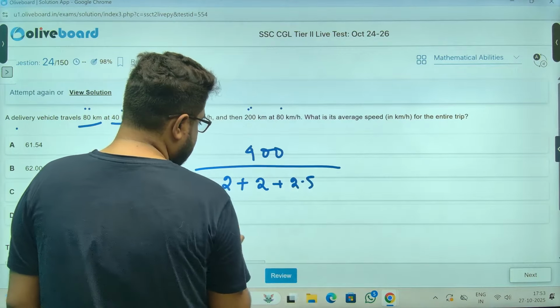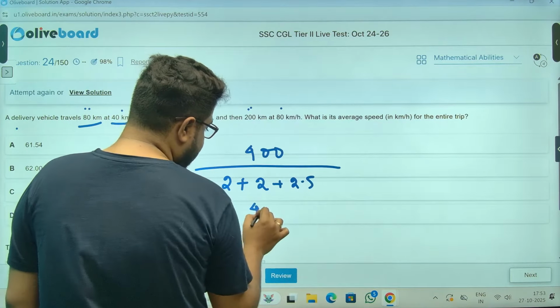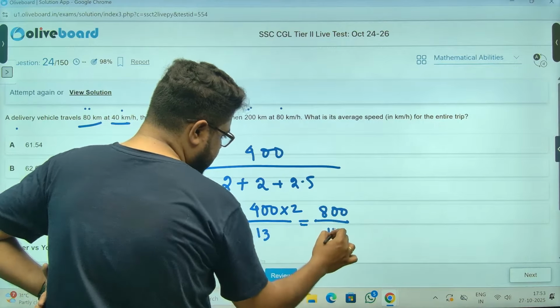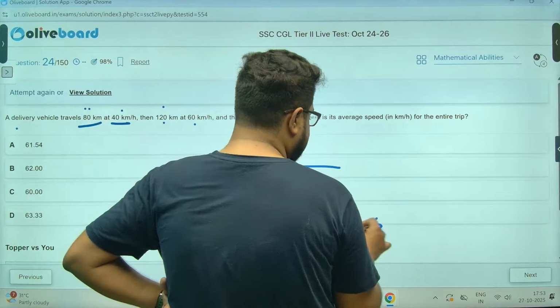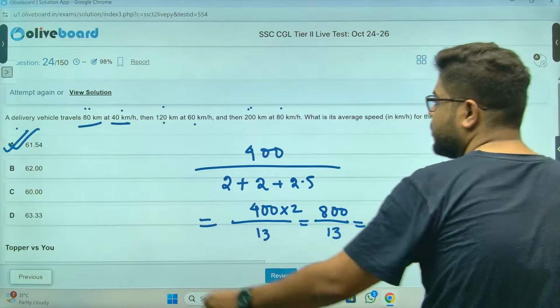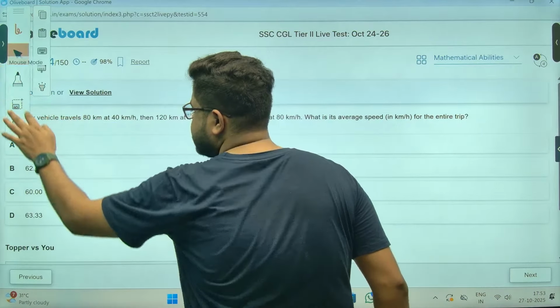Sir, 400, 6.5. 6.5 means 13 by 2. So 800 by 13. 6 13s are 78, 61 point something. Option A is the answer. Option A is most definitely the correct answer, sir.